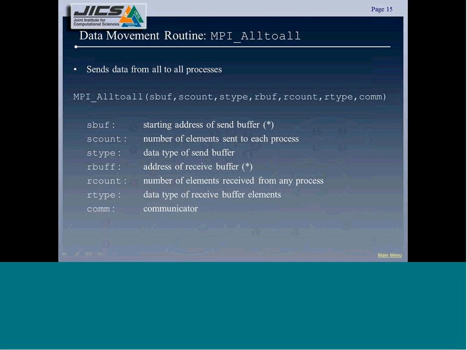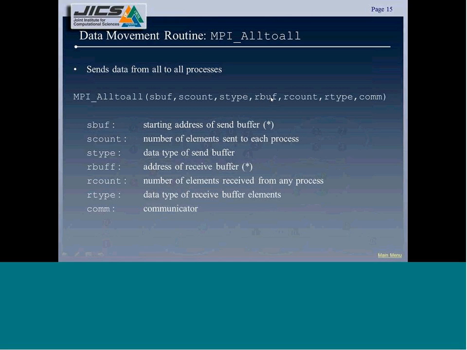So you have to specify, well, for C language, you specify a pointer to the data start. You have to specify the number of elements sent to each process. That's scount. Always specify the data type, and this can be a predefined data type, from what I understand.